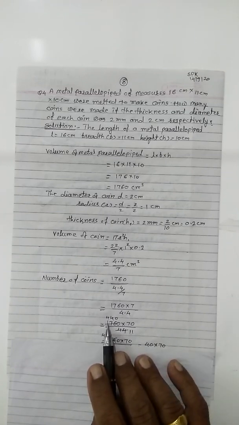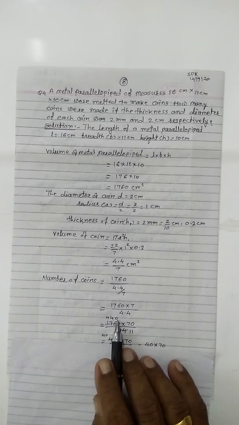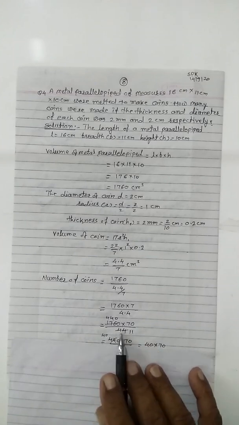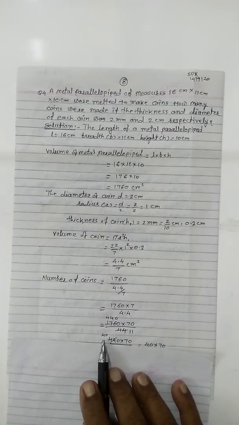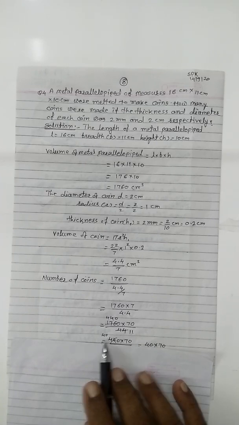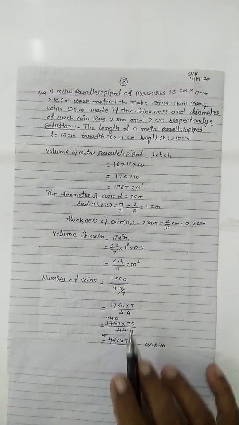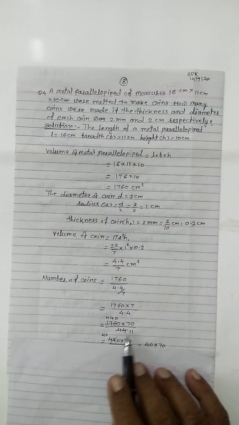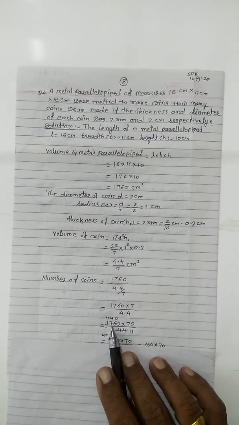If we divide 1760 by 4, we get here 440. Then again this 440 divided by 11, we get here 40. See here 4.4, we cancel this decimal point and take a 0 on this 7, so 44 we get. Then we divide it by 4, it also divided by 4.